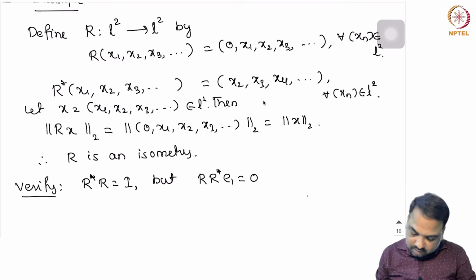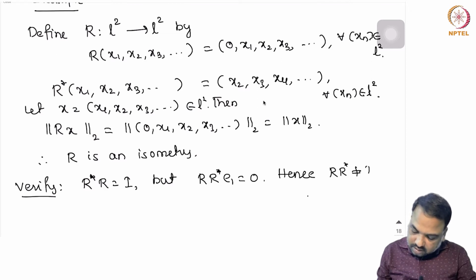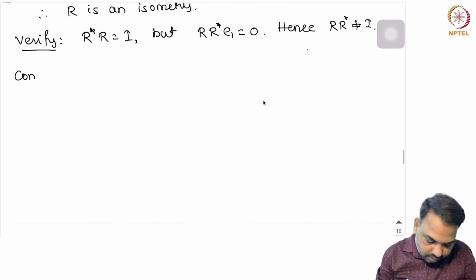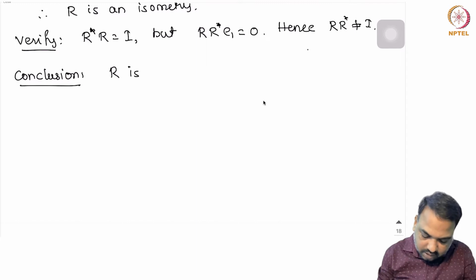So R star E1 is 0. Hence we can say that R R star is not equal to the identity. So the conclusion is that R is an isometry, but not unitary.